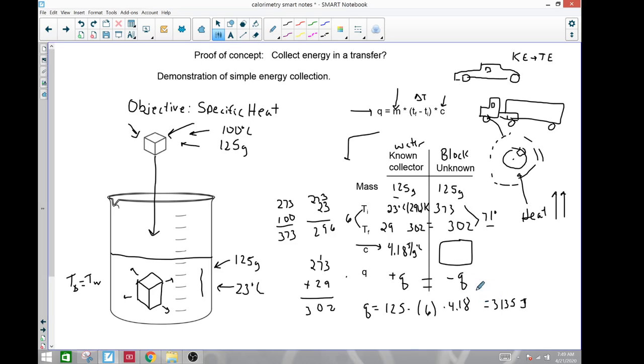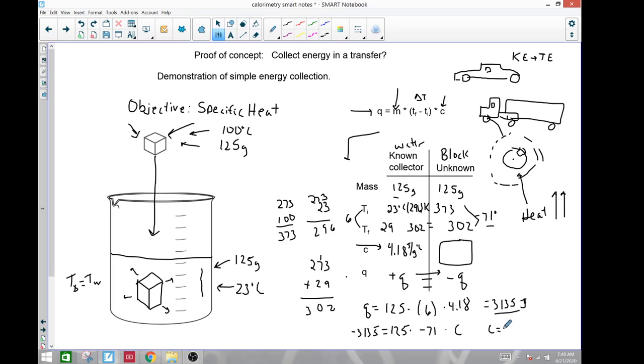Now that equals this guy as well. So these are both now the same value. Now this is negative because it's losing energy. This will be a negative temperature change. So when you're plugging in, you can actually take the negatives off, but I'm going to leave them on for now. So negative 3135 equals 125 times a negative 71 times unknown value C. What does C equal?